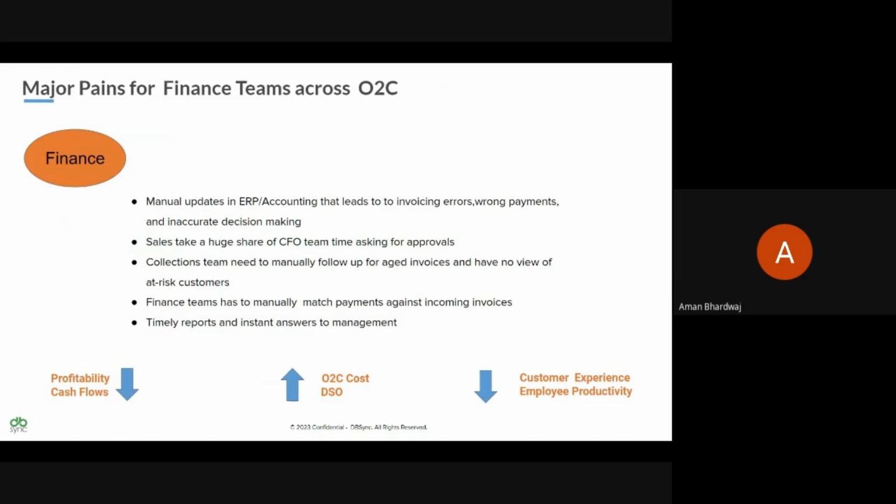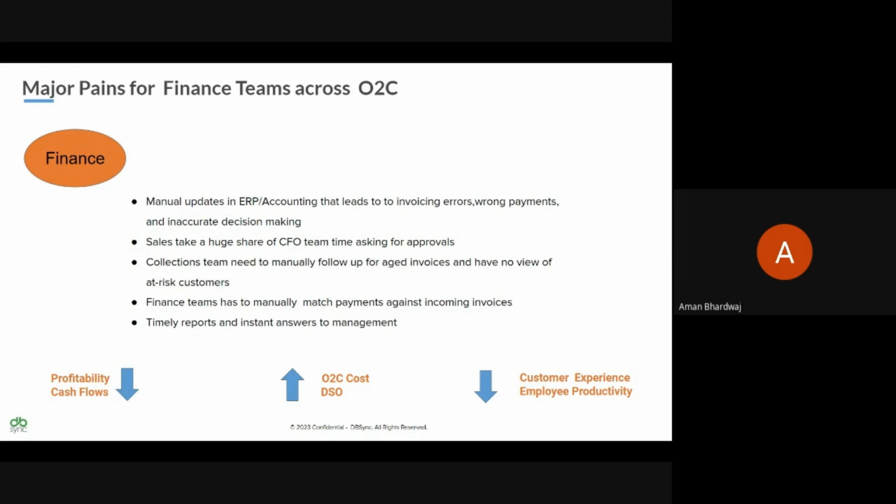So now, when you talk about the order-to-cash process as a whole, there are major pain points for finance teams in general and for CFO teams in general. What typically happens is there is a lot of manual data entry that needs to be done in your accounting systems or ERPs.